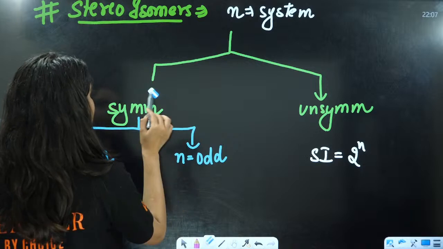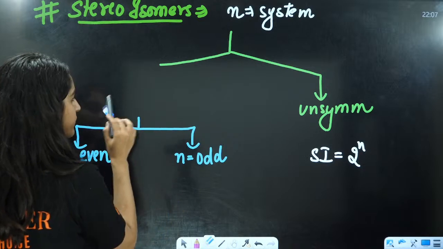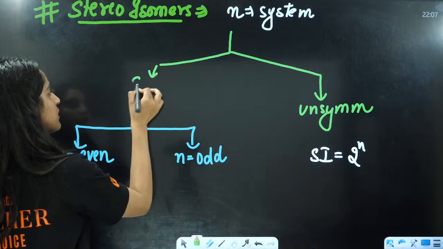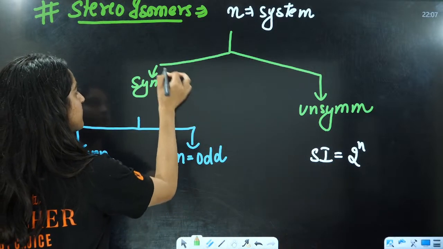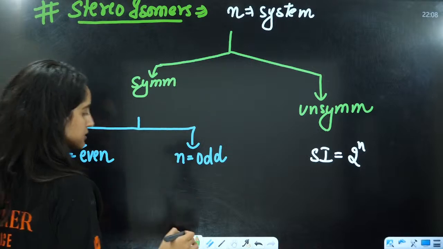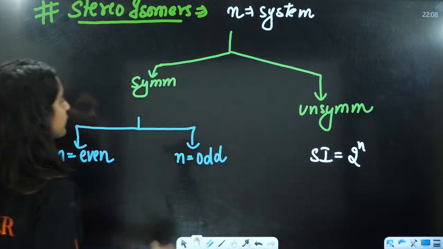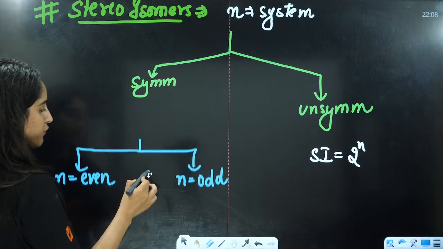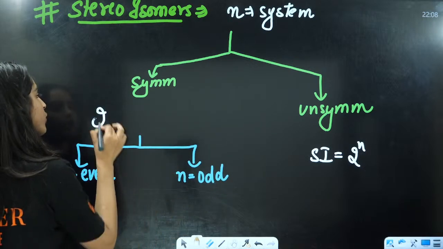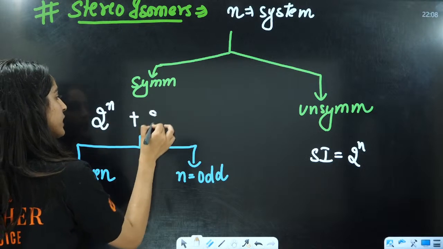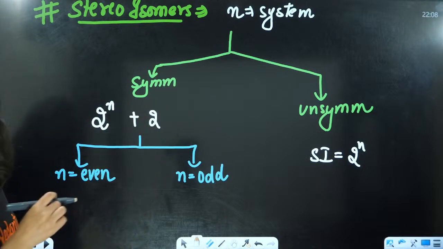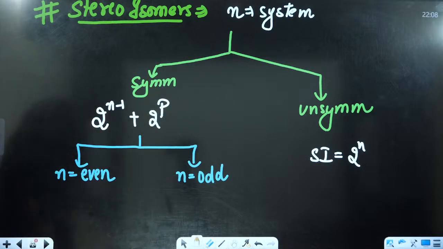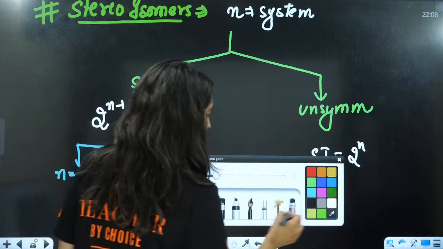And the formula that we are going to apply here, for symmetrical, is 2 raised to power n minus 1, plus 2 raised to power p. Okay, this is going to be the formula.